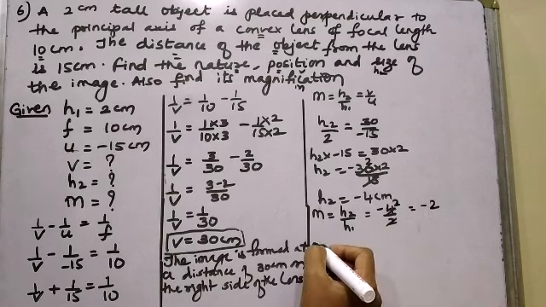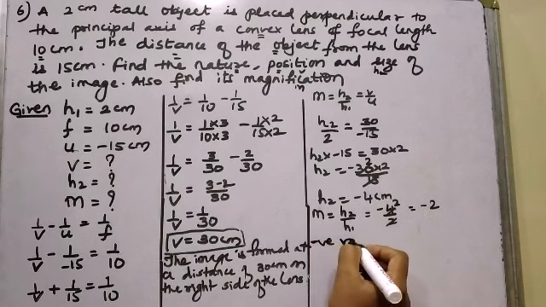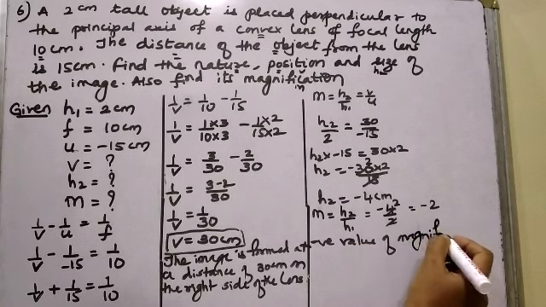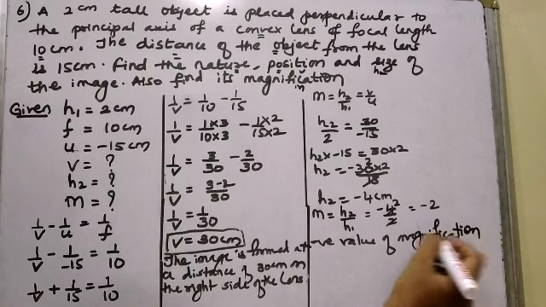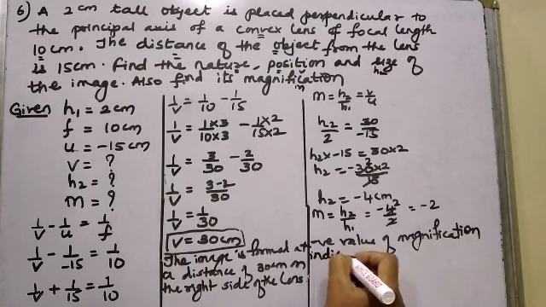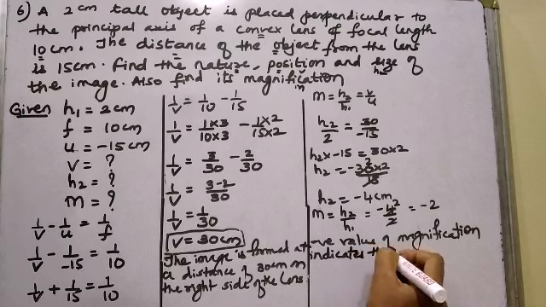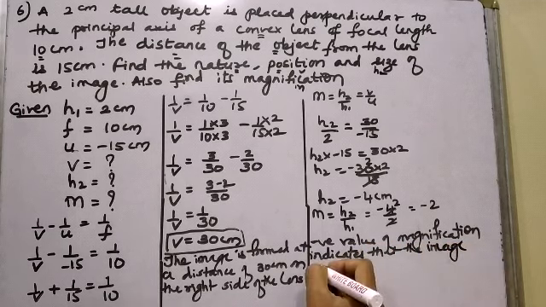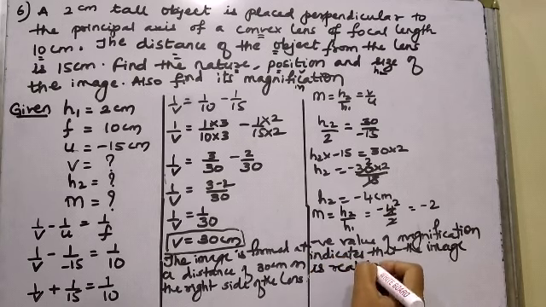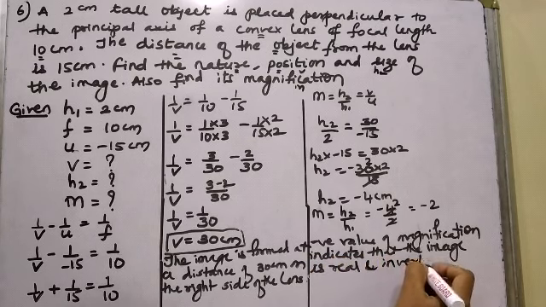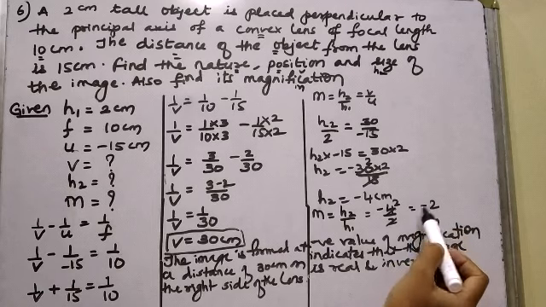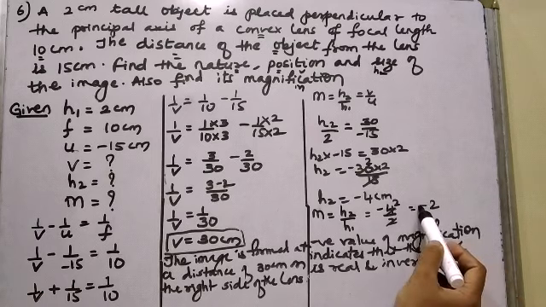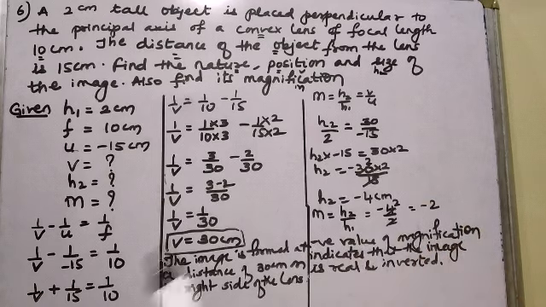Also we have studied that a negative value of magnification indicates that the image is real and inverted. If M would have been positive, then the image would have been virtual and erect. But M is negative. That means the image is real and inverted.